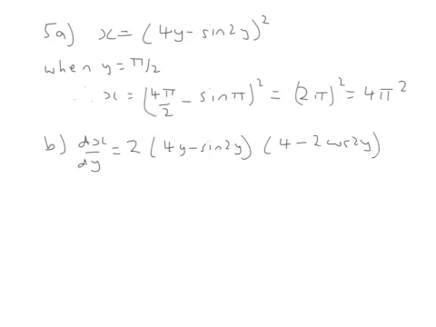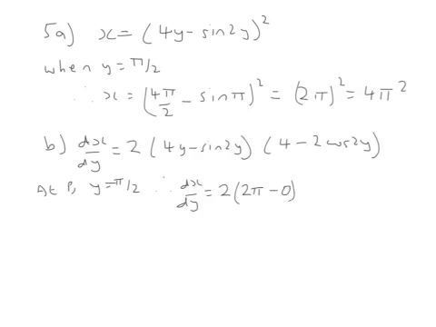Now we're told that this is the tangent to the curve at P, so at P y equals pi by 2, so therefore dx by dy is 2 times 4 times pi over 2, that's 2 pi, minus sine of 2y, that's sine of 2 times pi over 2, which is pi, and the sine of pi is 0.